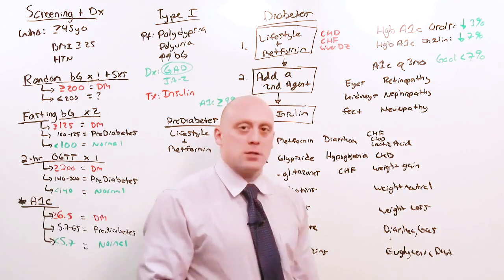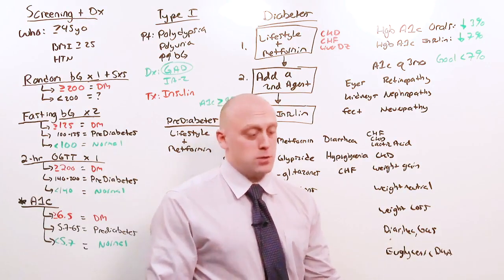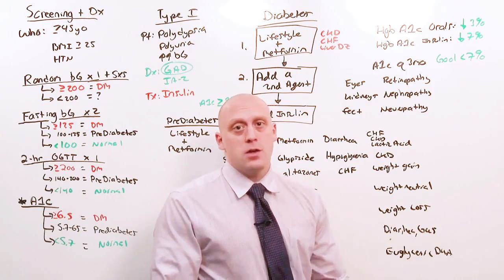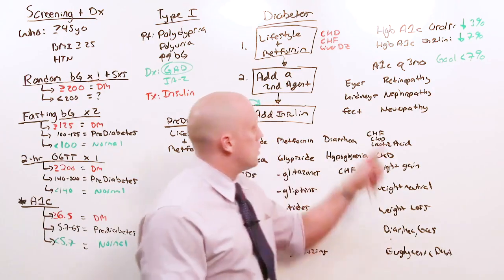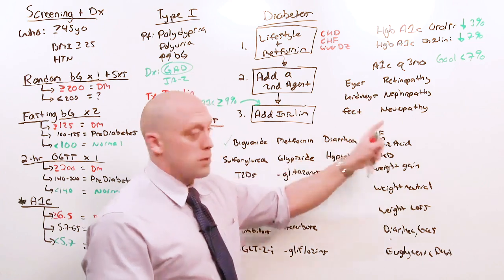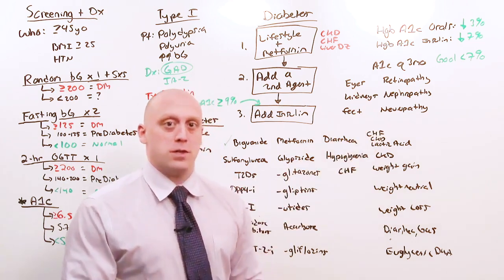Diabetes causes microvascular complications everywhere. These patients are at risk for coronary artery disease, they're at risk for peripheral vascular disease, but most importantly, they're going to be at risk for retinopathy, nephropathy, and neuropathy, and they need an annual screen for each of these.